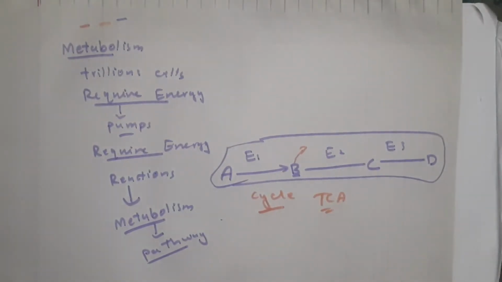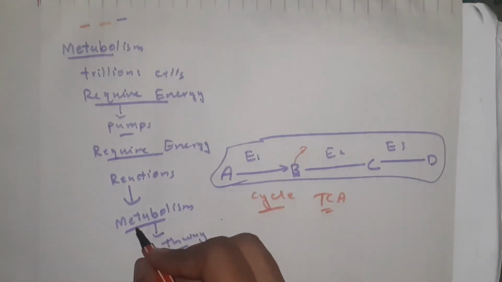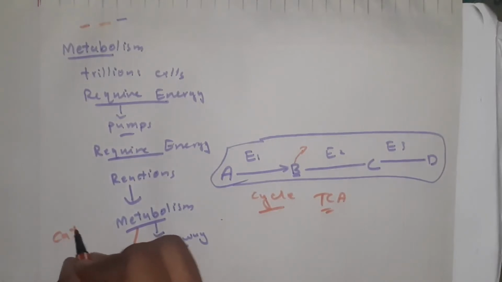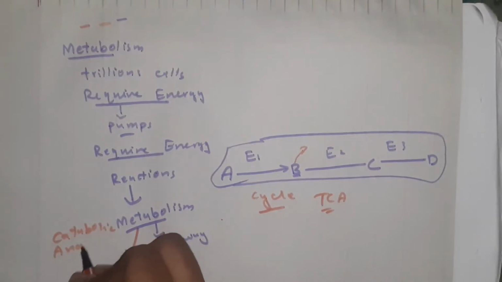So if any product or substrate of the reaction gets regenerated in the process, it is termed a cycle. And the metabolic reactions are broadly classified into catabolic reactions and anabolic reactions.